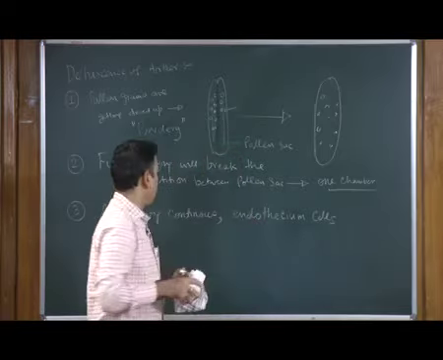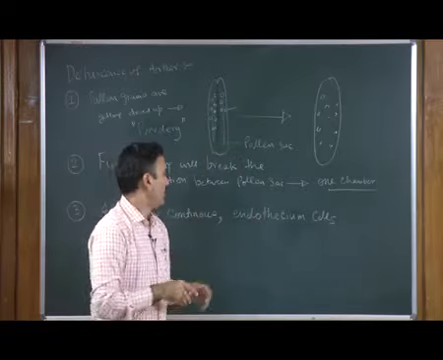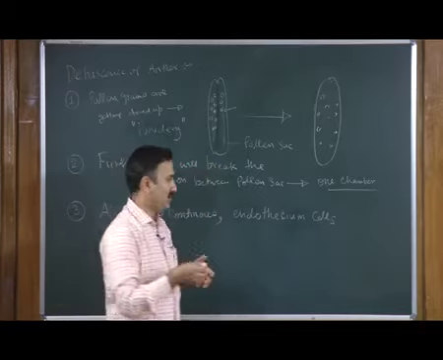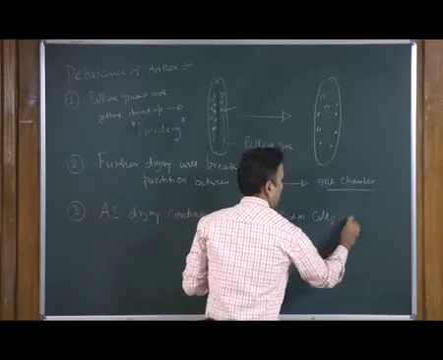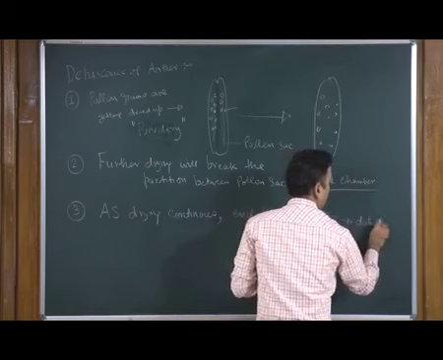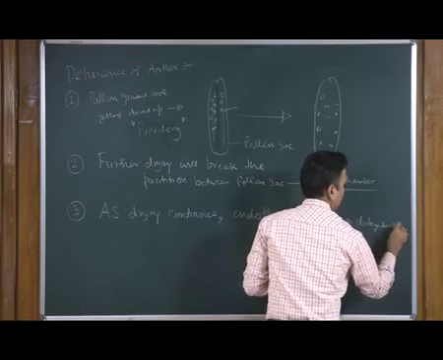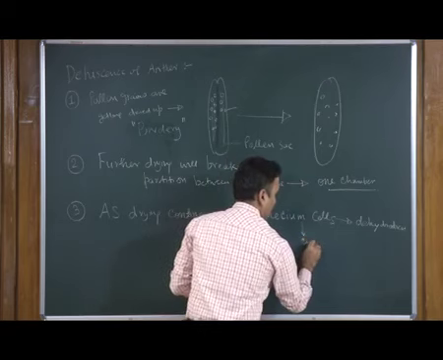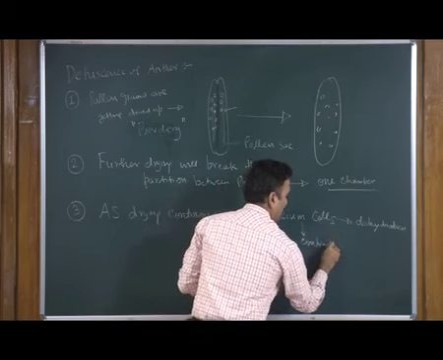As the further drying continues, the outer layer of endothecium cells goes for dehydration, and when they dehydrate, they contract.